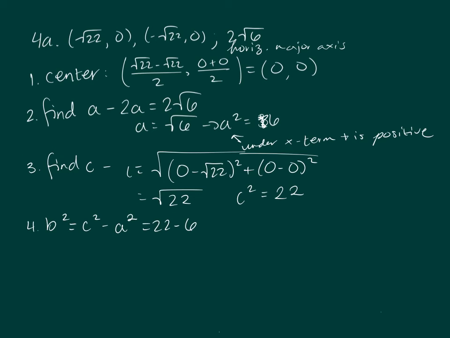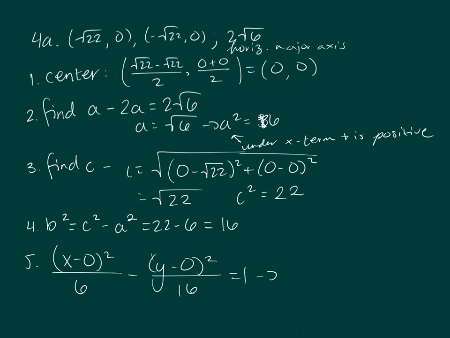Okay. And that's going to be equal to 16, I think. Yeah. And then we plug in. So we've got (x minus 0) squared over 6 minus (y minus 0) squared over 16 equals 1. So our equation is x squared over 6 minus y squared over 16 equals 1.